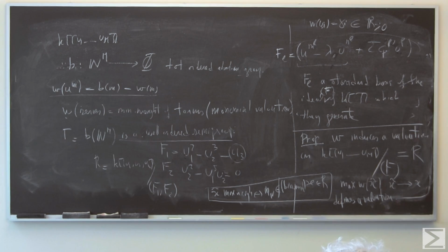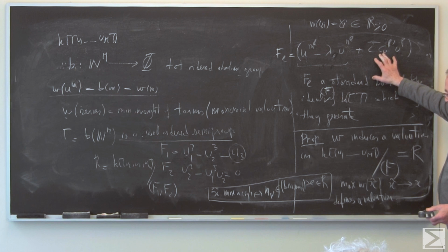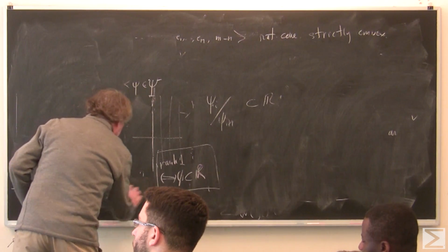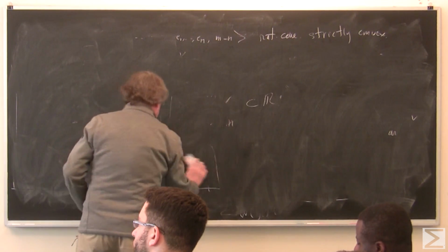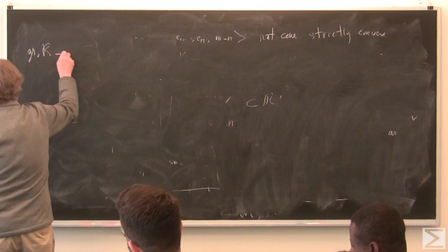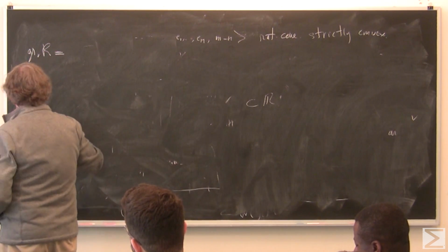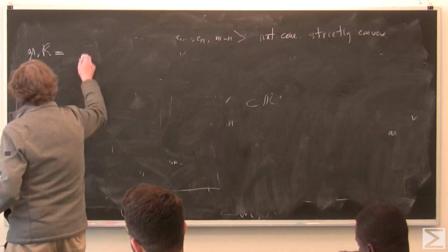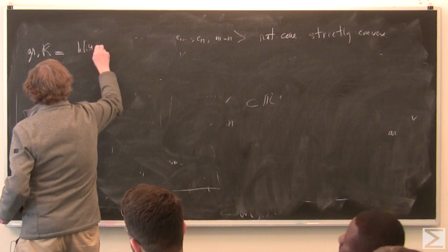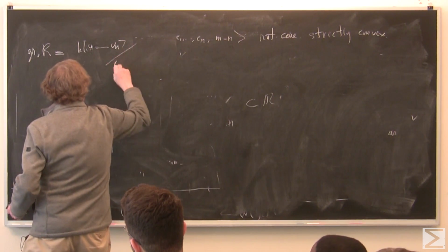So this is an overweight deformation. An overweight deformation gives me a valuation on the quotient. And what is the associated graded ring of the quotient with respect to this valuation nu? Well, guess what? It is polynomials in u1, ..., um divided by the binomial ideal.